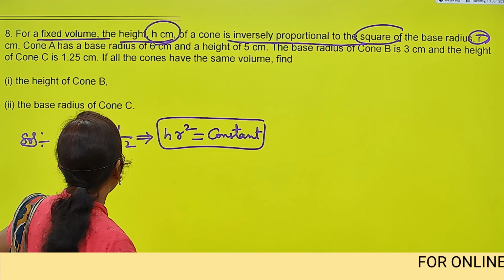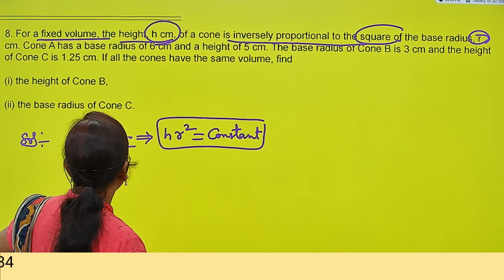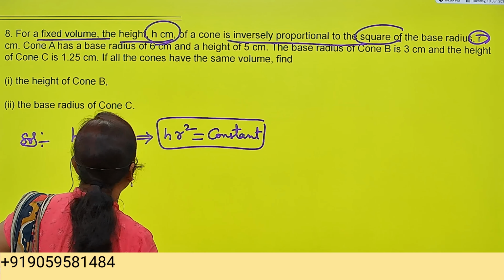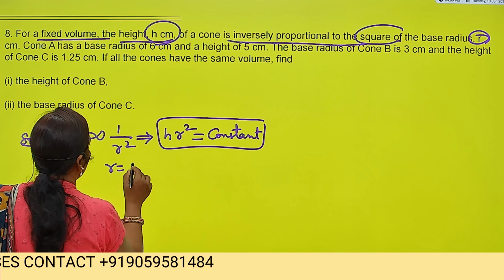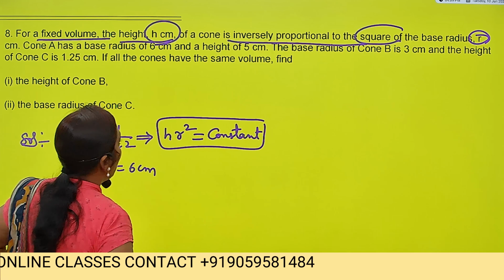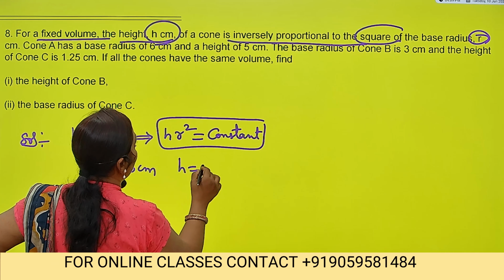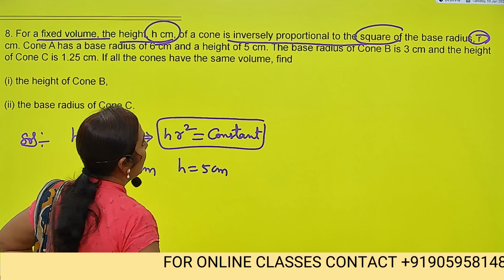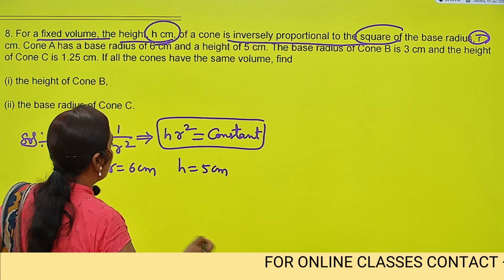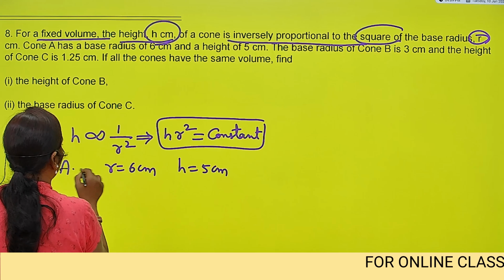Next, cone A has base radius r equal to 6 centimeters and height h equal to 5 centimeters.